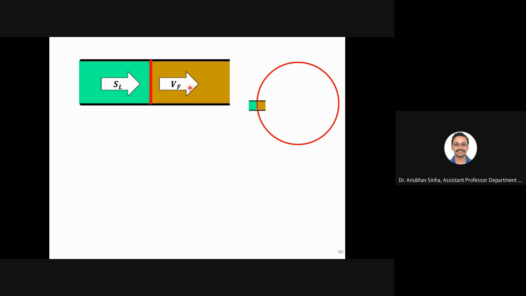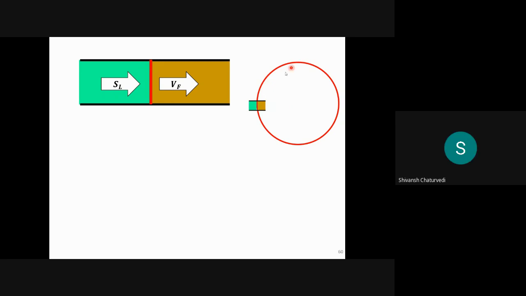Now if we transform the coordinates, from the lab coordinates, I am observing this to be stationary. Now let us say that this is not stationary. If I want to imagine this to be stationary, I will say my observer moves with this flame. Let us say someone is sitting on the flame front or moves along with the flame, then I can say that this flame front is also stationary.